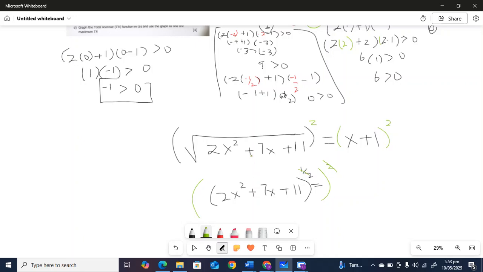So that's how this root has disappeared. That's how the root disappears.